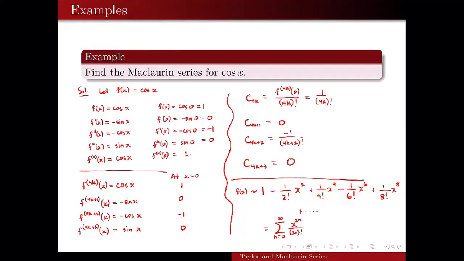But look, we are alternating: positive here, negative here, positive here, negative here. So there must be negative 1 to the n.